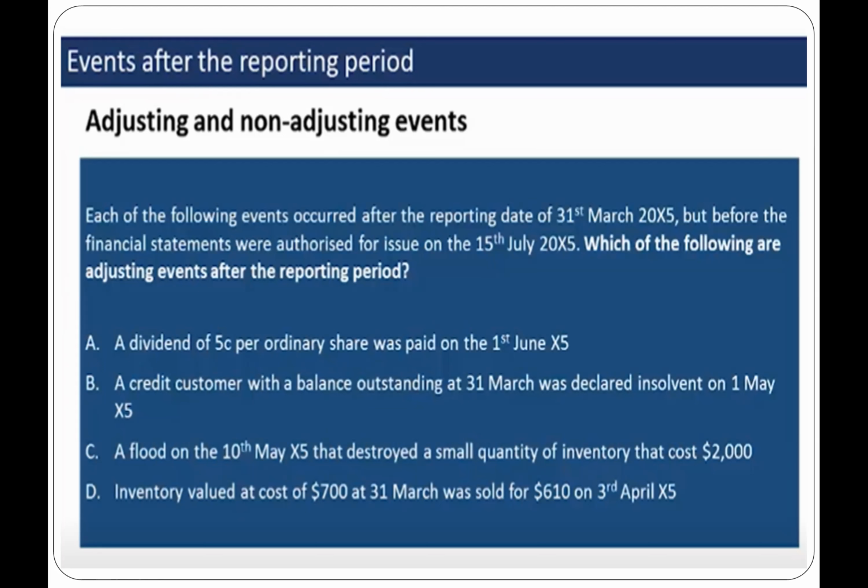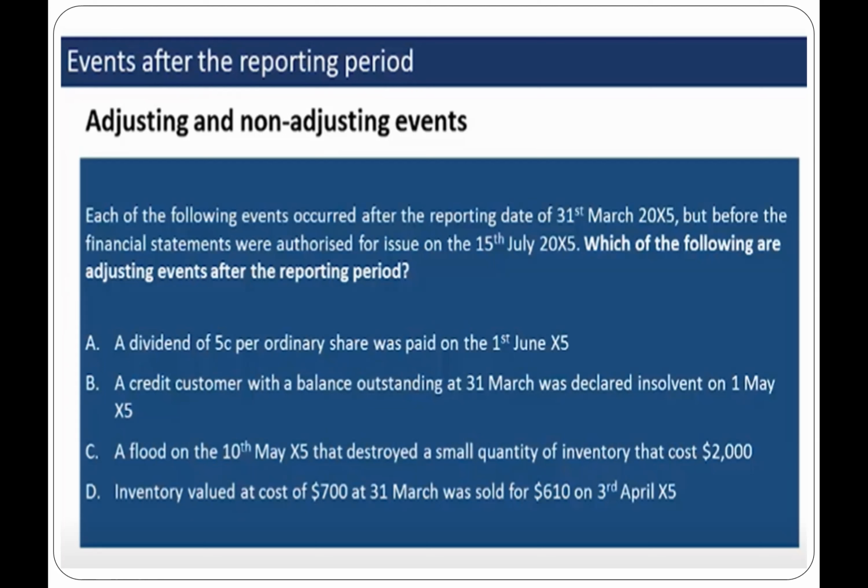So the fact that it's small quantity means we may not need to even talk about it or disclose it because of the amount that is involved. So perhaps if our total inventory was 5 million and inventory worth 2,000 was destroyed, we don't need to shout about it. So it means we don't need to do anything as far as this transaction is concerned, considering that it's not an adjusting event. 1, 2, the amount is low, and we don't need to waste space in our financial statements by disclosing it.